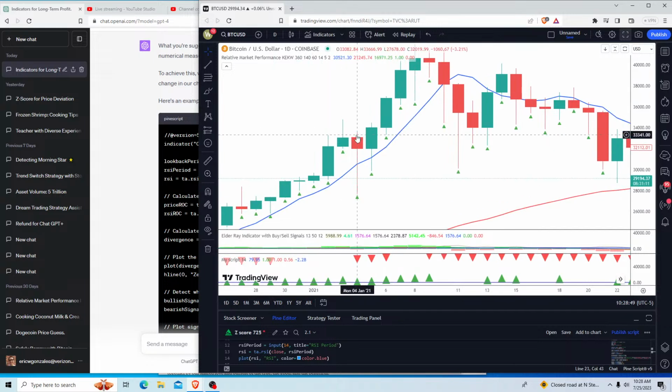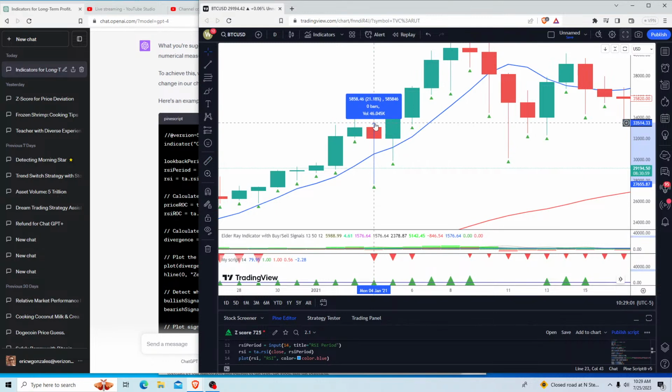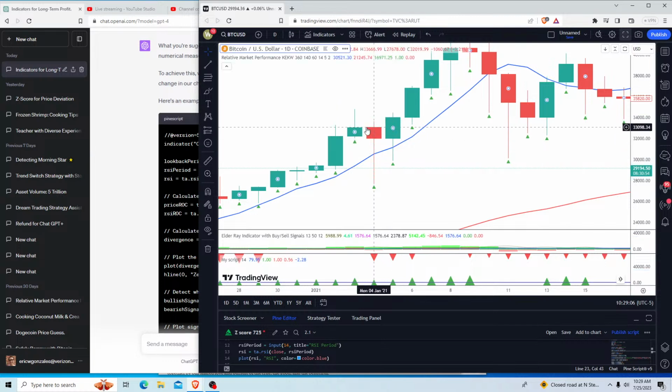Because if you look at this candle right here, this is one day. In one day, Bitcoin went from 27,655 to 33,514, a 21% move in a day, but it actually closed red, and it started at 33 and it ended at 32. So how are you supposed to know what this price action really was if you're just only looking at the closing price of each one of these candles?